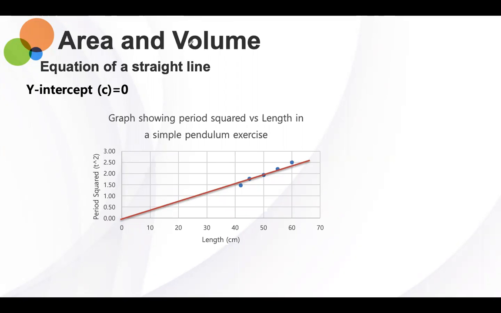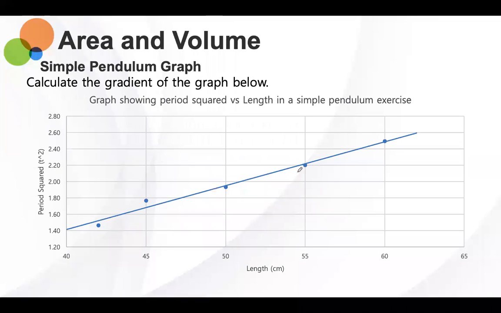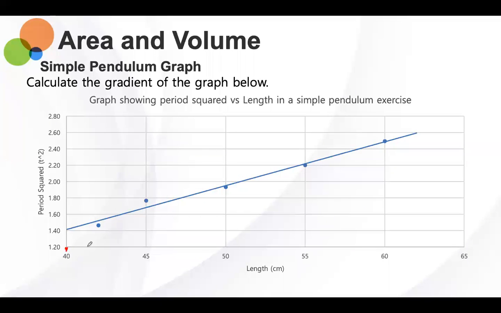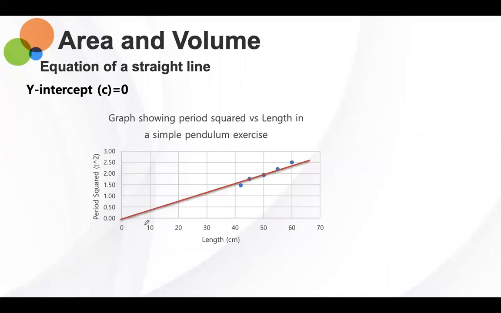All right, so this was our graph before, right? What is the difference between this graph and this graph here? One is steeper than the other. All right, look at where the graph starts. This one starts at 40, and this one starts at 0.